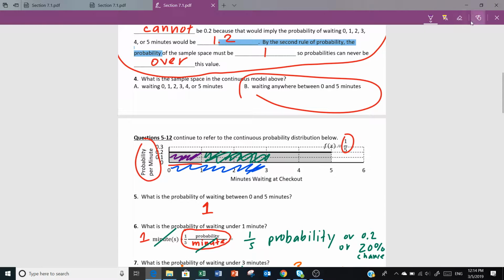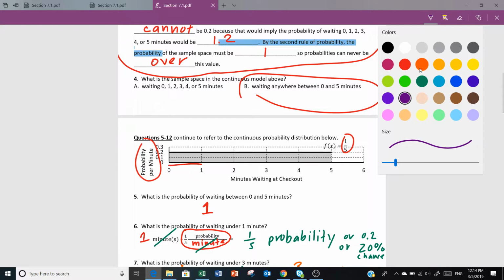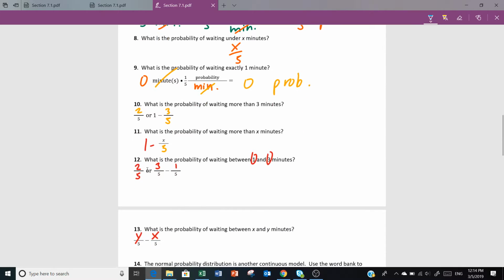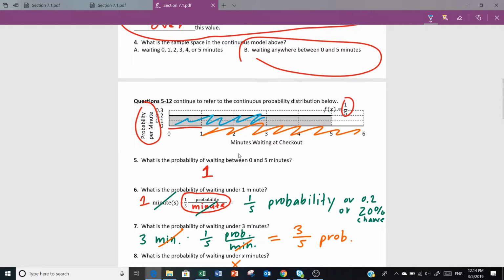Let me see if I get what you're saying here. Are you saying to take the more than 1 and the less than 3? Well, the answer was 2 out of 5. If we take 1, 2, 3 away from 1, 2, 3, 4, 5, we're also.